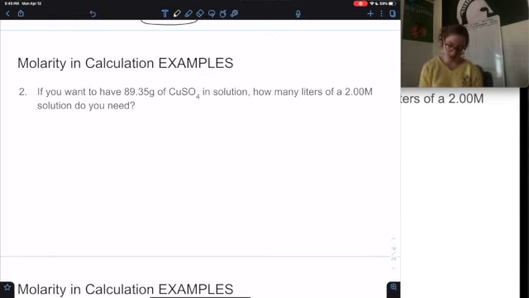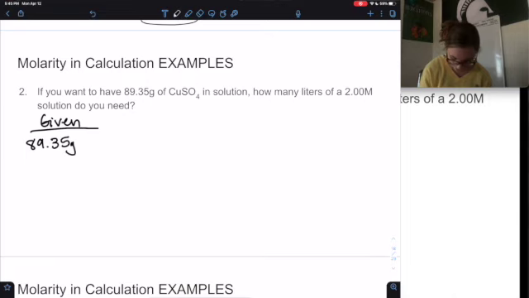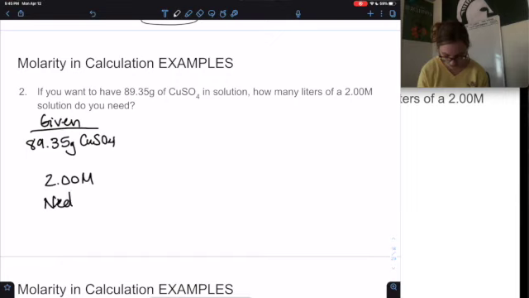So we are given that we have 89.35 grams of CuSO4, and we also know that we have a 2.00 molar solution. And what we're looking for is how many liters.